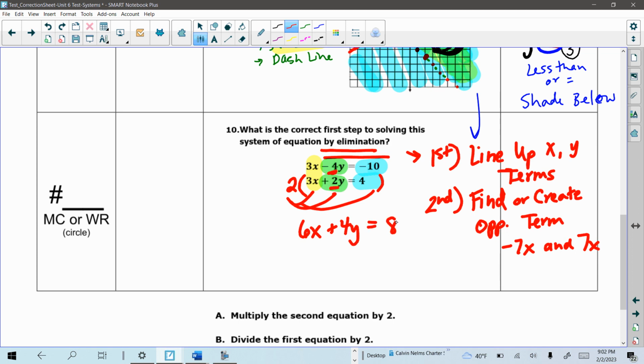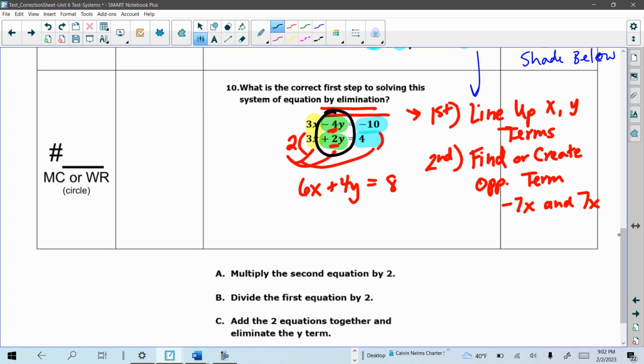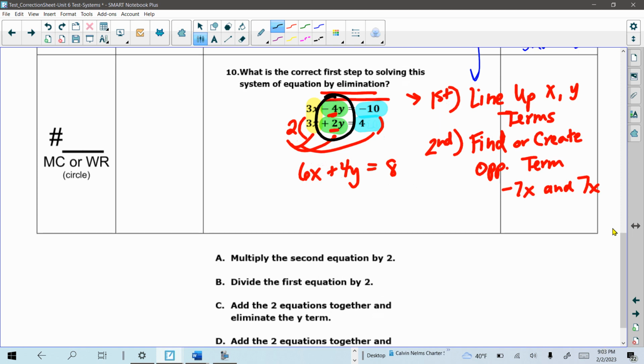So really, all I wanted to see is that you could recognize that you can make the y terms opposite by multiplying the second equation by 2 to make them have a coefficient of 4 and a negative 4. So the answer was multiplying the second equation by 2.